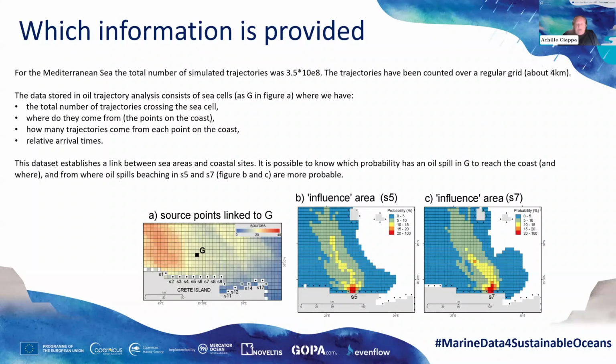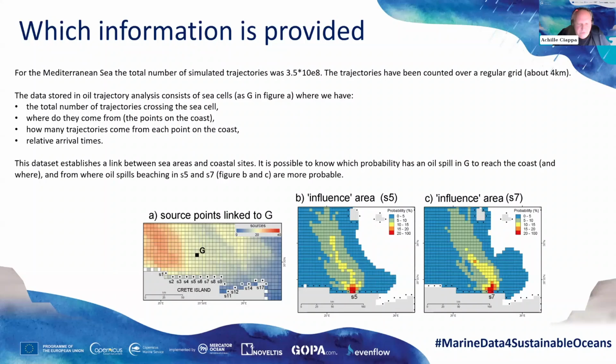So the important thing about the oil trajectory analysis is that this database establishes a link between the coastal sites and the sea cells. The trajectories have been reported over a regular grid of the sea, with cells of about 4 kilometers.